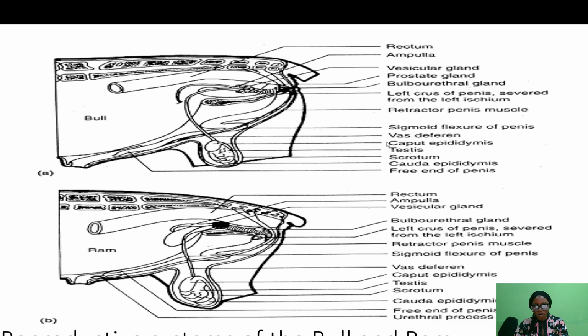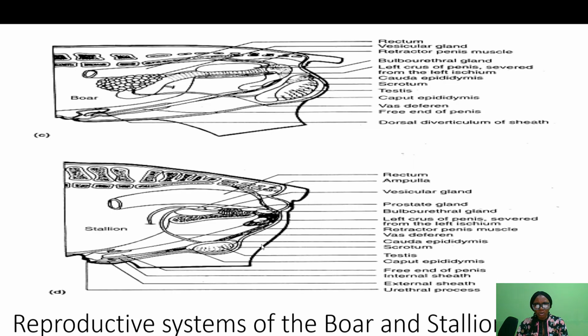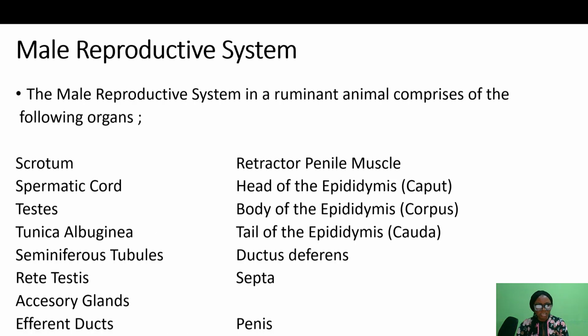All these parts represent other organs in the male reproductive system. The same thing goes for the ram. We also have other species such as the boar and the stallion, and all these basically have similar organs in their male reproductive system.